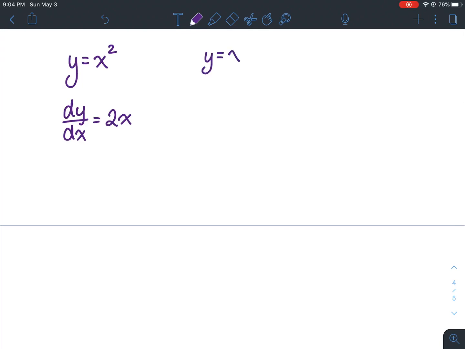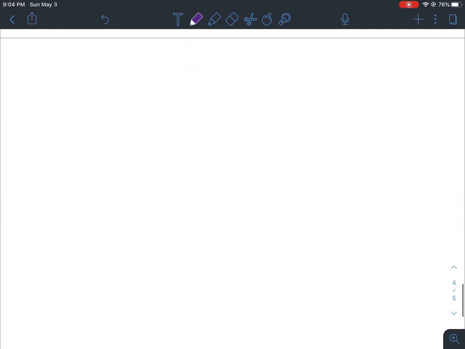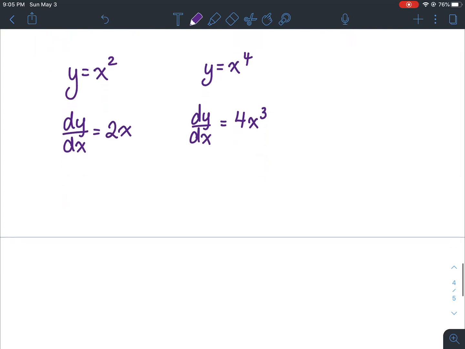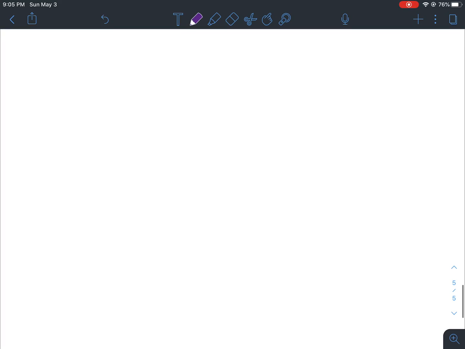The derivative of x to the power of 4 is going to end up being 4x to the power of 3. So we had a quartic function that ends up being a cubic function. So just making those connections. Okay, awesome. I think that's probably it.